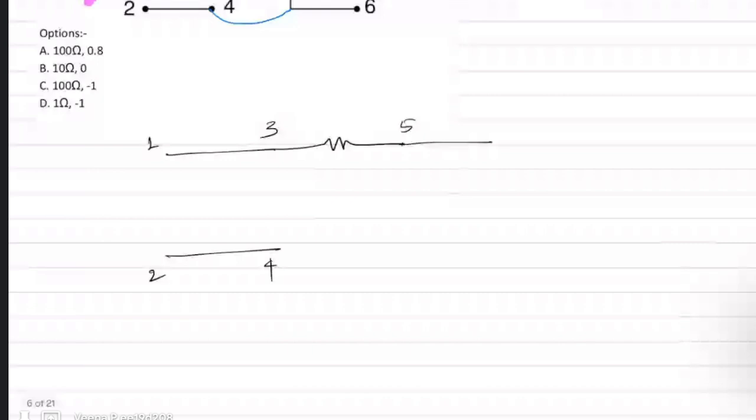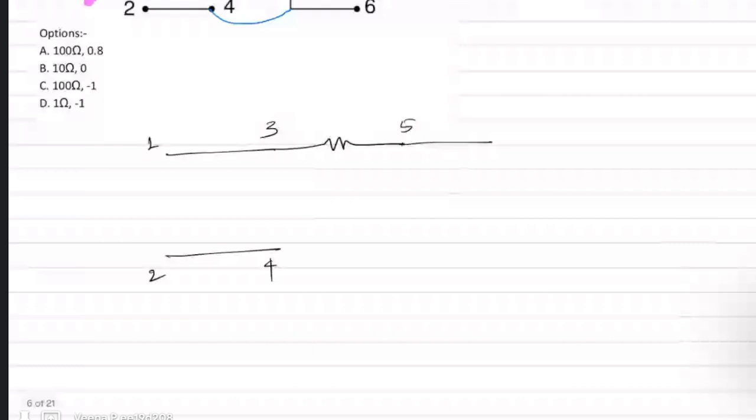Now if I send this current I, since this 5 and 6 are open, no current will enter through this path, the node 5. So the whole I will flow through this source. Am I right?